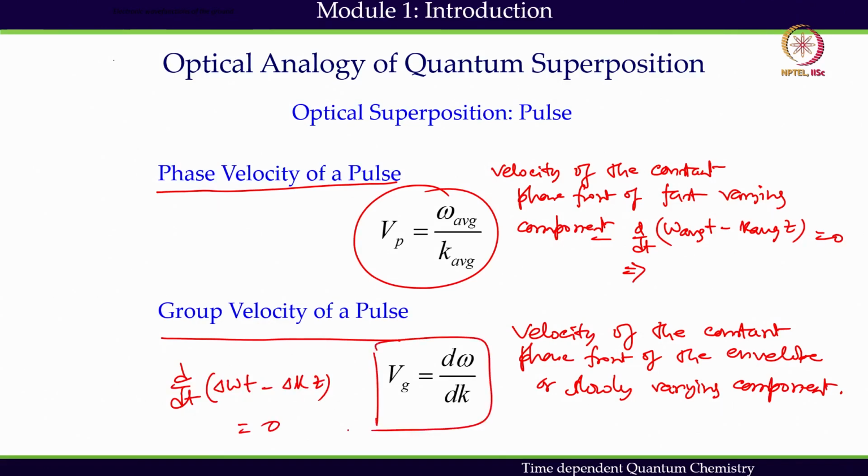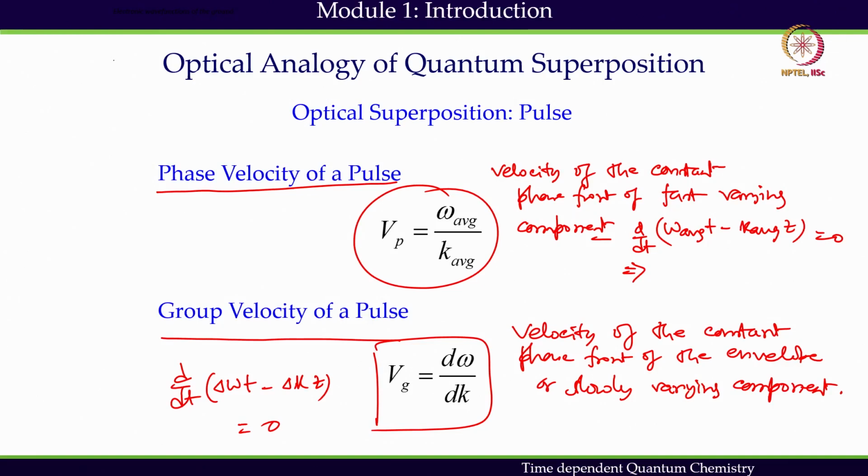So what does it mean? The phase velocity and group velocity: when I have a pulse, I have a slowly varying envelope function, and I have the fast varying components, which is called the carrier wave. Both are propagating through the medium.